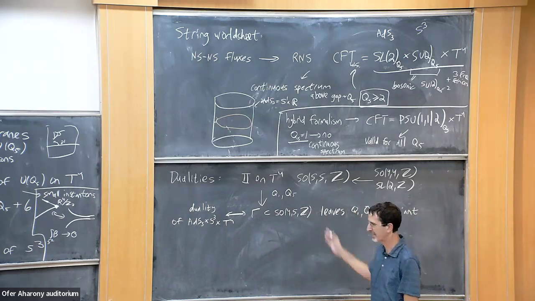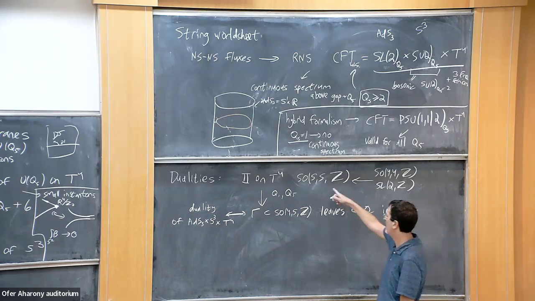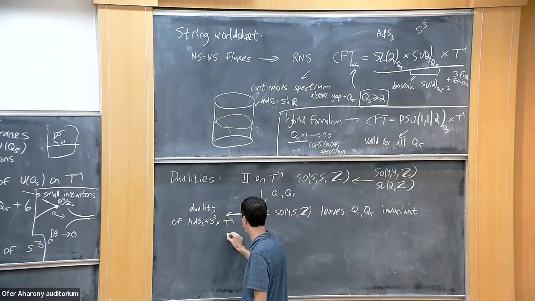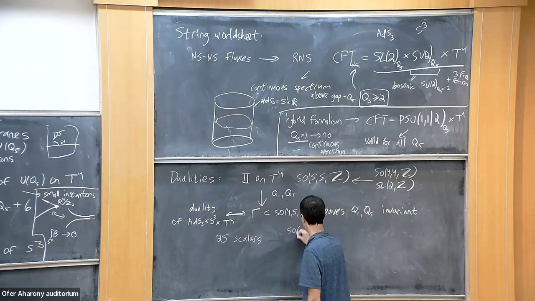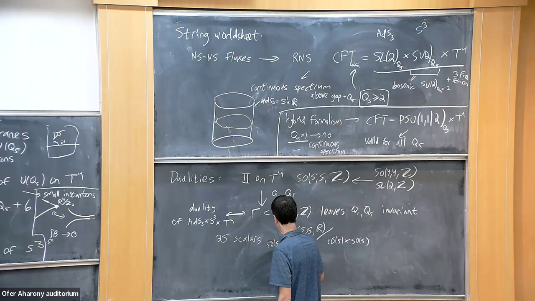Now, let's discuss what are all the moduli of this theory. So before we took the near horizon limit in type 2 on T4, we had 25 massless scalars or moduli, which lived in SO(5,5;R) modded out by SO(5) cross SO(5) and by SO(5,5;Z). So that's the usual description of the moduli space of type 2 on a torus.